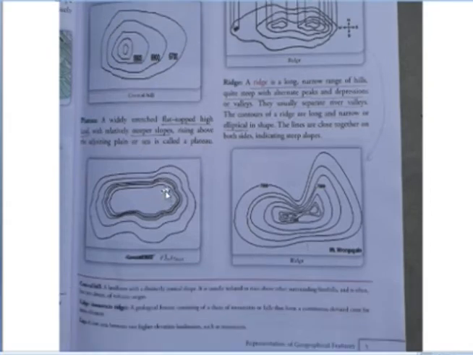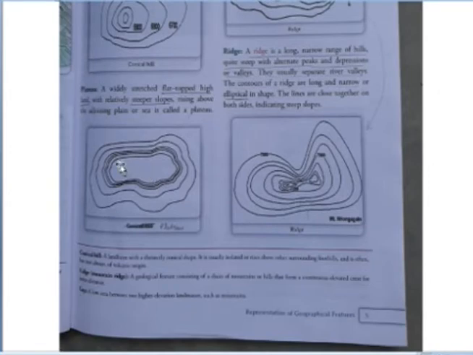But here, if we see the contour lines in the middle, it is like a wide, flat surface, as we know that the tops of plateaus are flat. So it is showing a plateau.